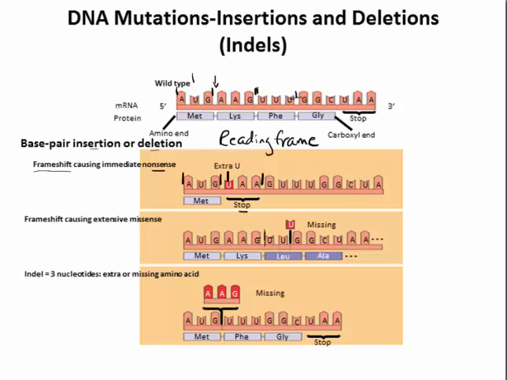So the reading frame once again has been shifted, and now instead of having a phenylalanine at this position, we have a leucine amino acid encoded. And next door to that, this GCU would encode an alanine, neither of which was actually encoded by the original sequence. So that would be extensive missense, so changing the amino acids downstream of that frame shift mutation.